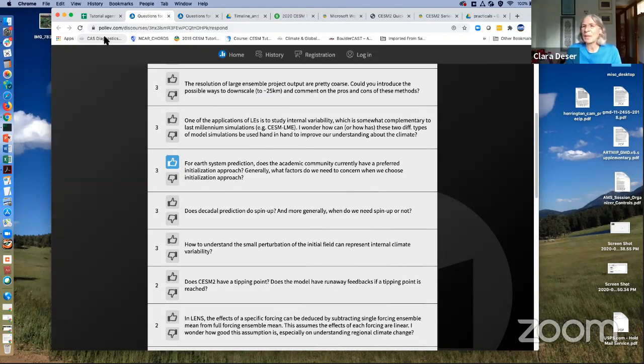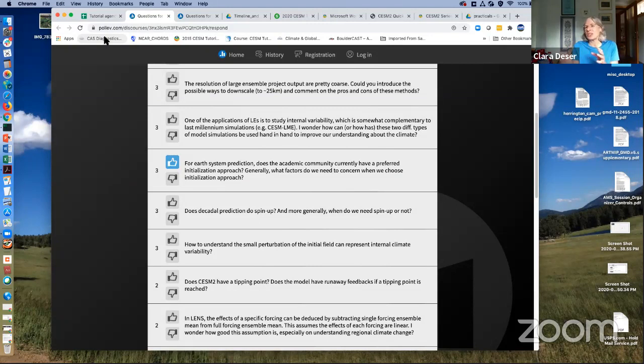Maybe I could just chime in on how to understand the small perturbation of the initial field can represent internal climate variability, because we're asked that a lot with regard to decadal prediction or the large ensemble. How to understand this? It's simply that the fluid motions in the atmosphere are chaotic, nonlinear, and of course very unstable to small perturbations.